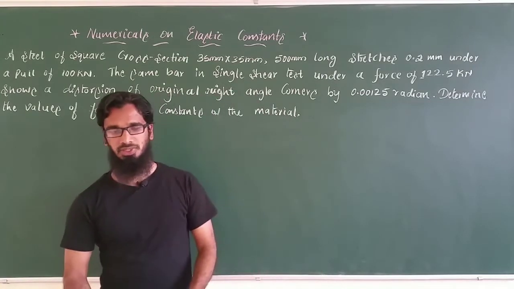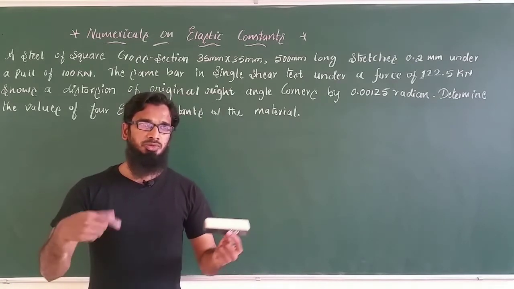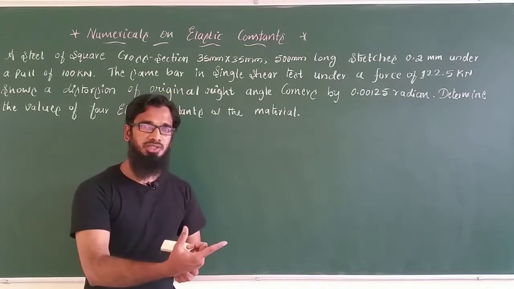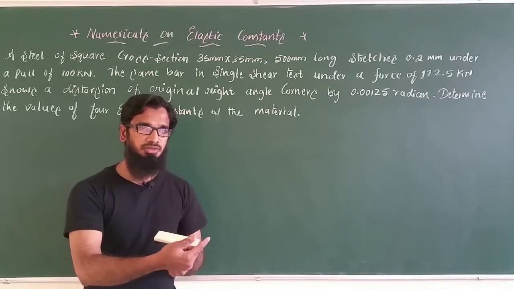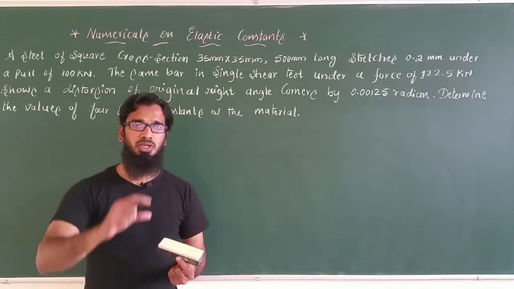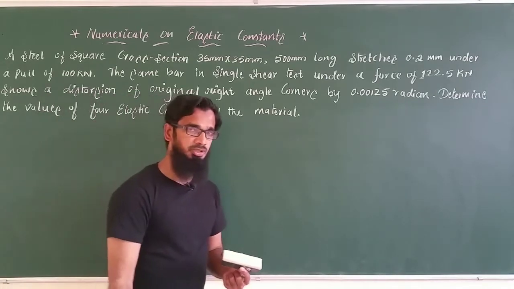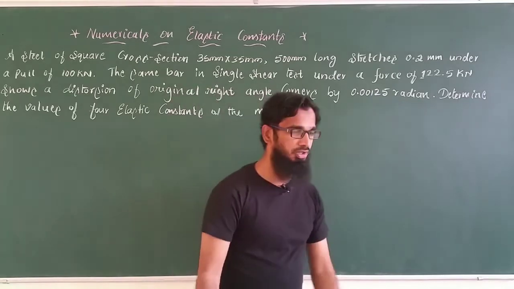So he has given the axial load with its change in length, and in the other case a tangential load of 122.5 kilonewton produces a shear strain of 0.00125 radians.